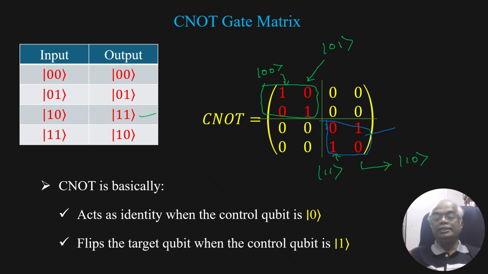It is exactly sigma x. You know very well that the sigma x matrix, the X matrix, flips the output, so this will flip the output 0,1 to 1,0. So in the second and third rows, you will get the bits flipped. So CNOT basically acts as an identity when the control qubit is 0 and flips the target qubit when the control qubit is ket 1.